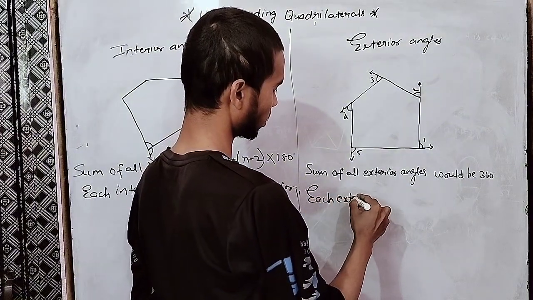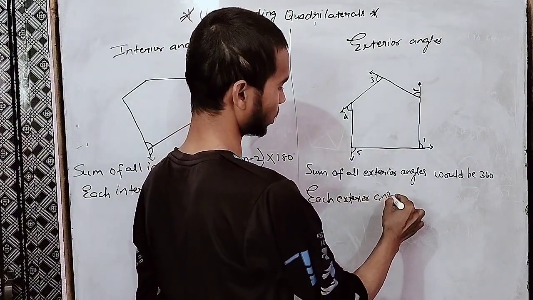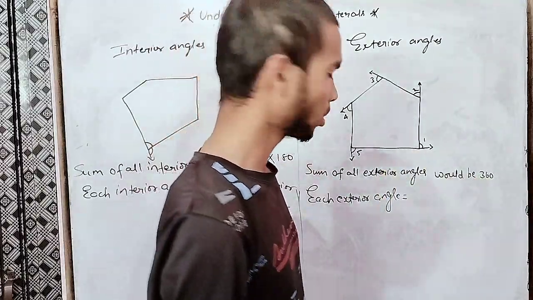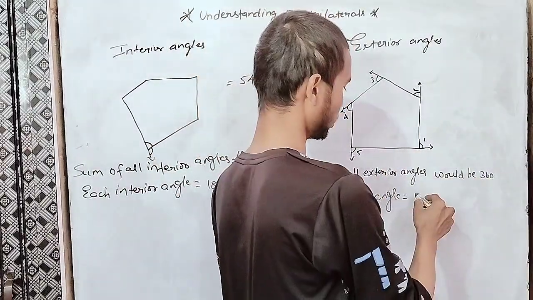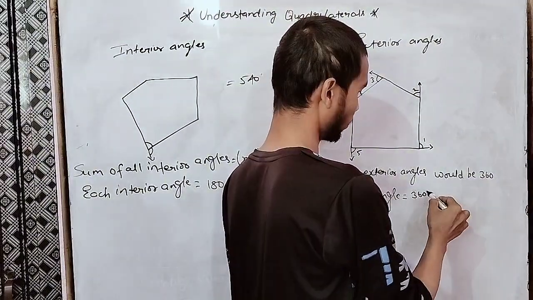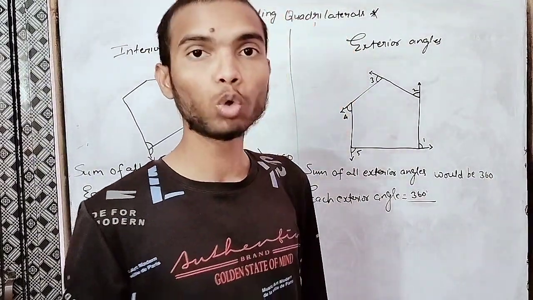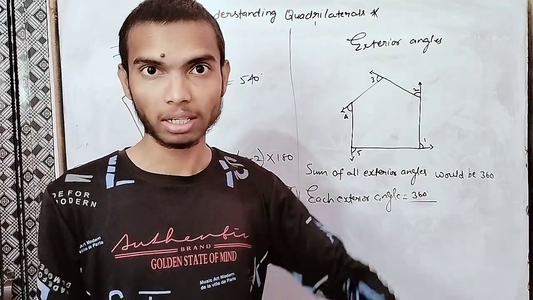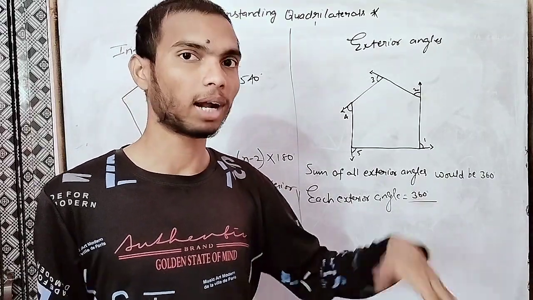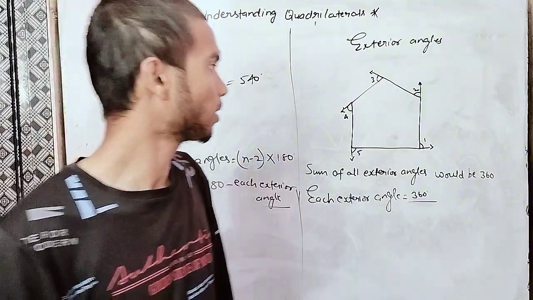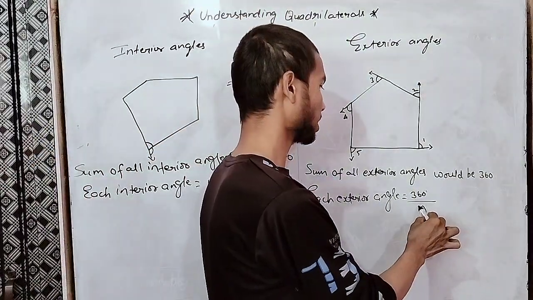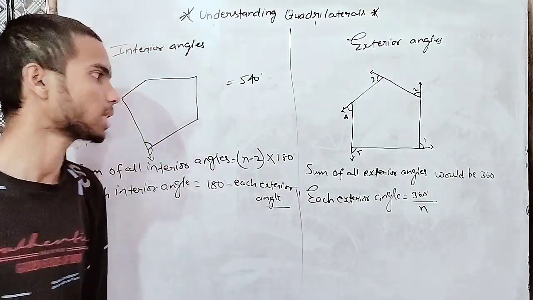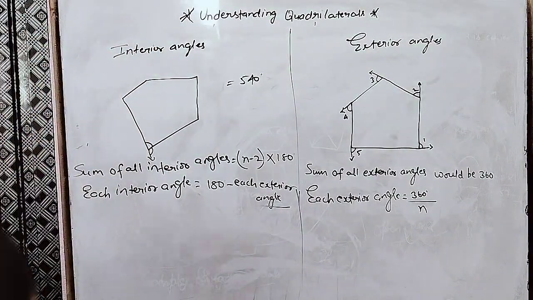Each exterior angle. We already know the sum of all exterior angles is 360, and we need to know only one. So of course we will divide. We will not subtract. We will divide by the natural number. How many do we have? Sides. 5 sides.